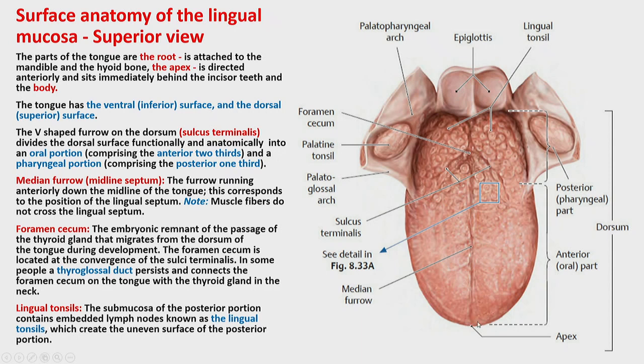And the rest, which is considered the anterior 2/3 of the tongue, is called the body. So the main parts of the tongue are the root, the posterior 1/3, the apex, the anterior one immediately behind the incisors, and the body, which makes up the anterior 2/3 of the tongue.